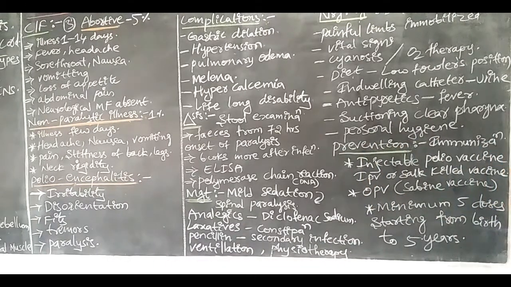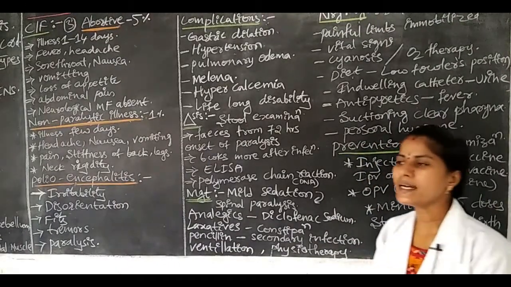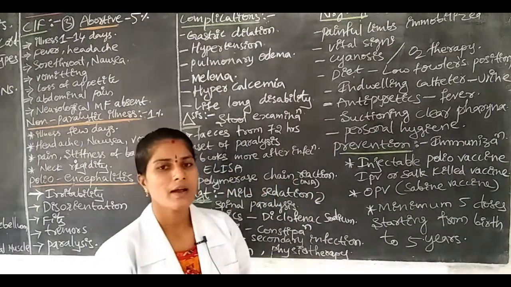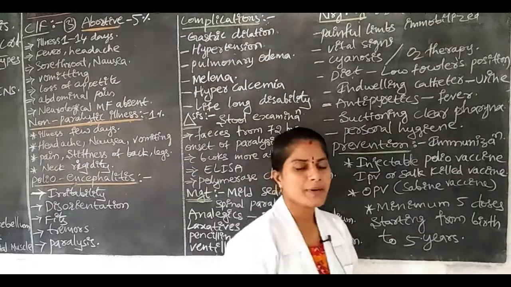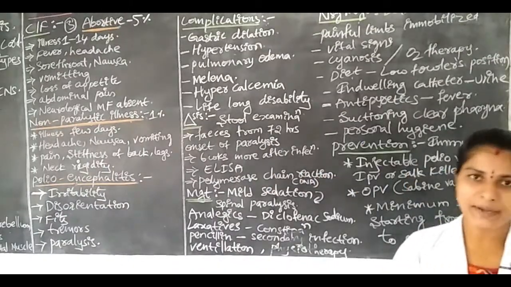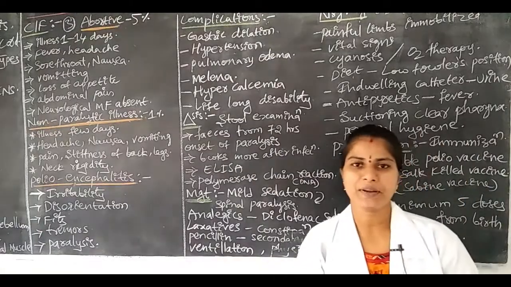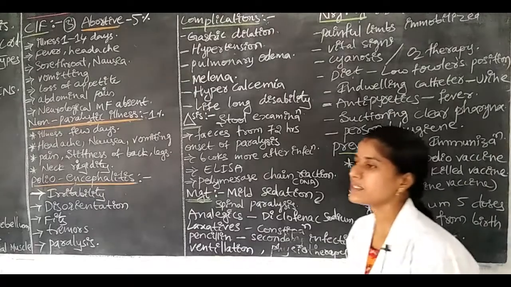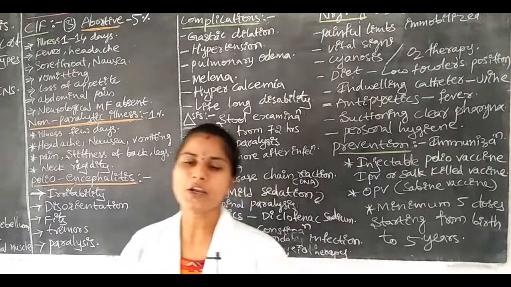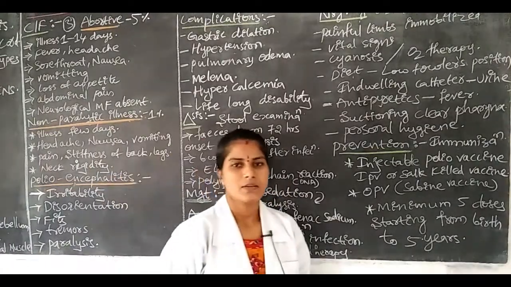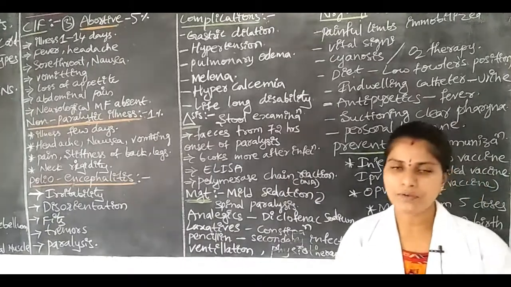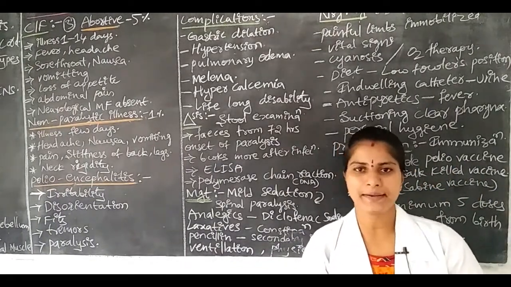Okay, next, we have to administer antipyretic drugs for the control of fever, for reducing the fever and maintaining normal body temperature. Okay, next, if the children have any fluid accumulation in the pharynx, by doing suctioning we have to relieve it and improve the normal breathing pattern.